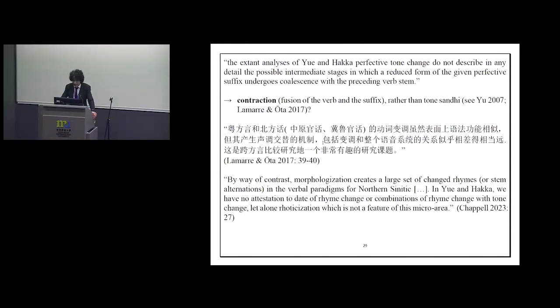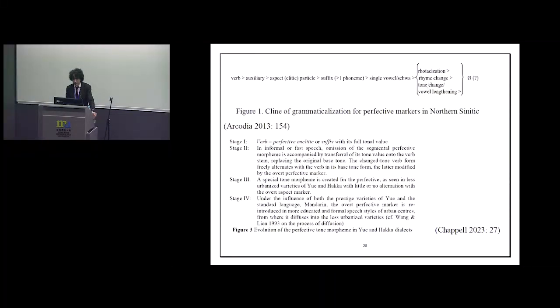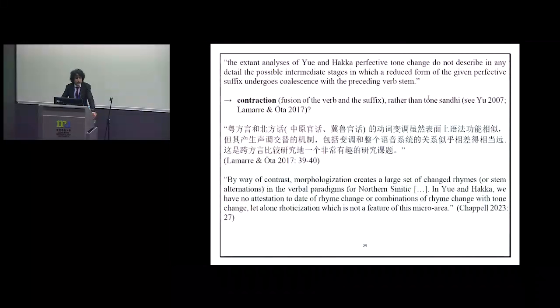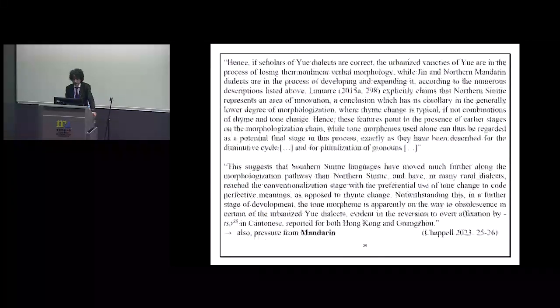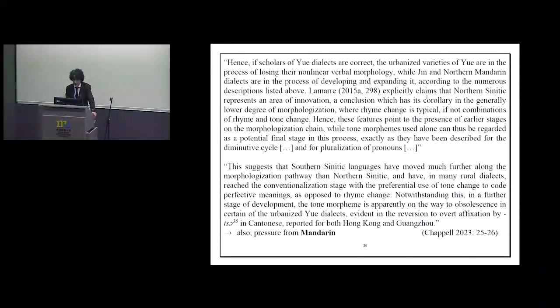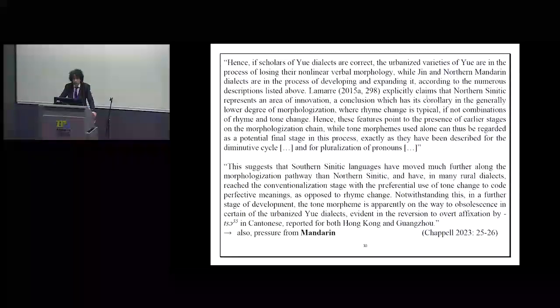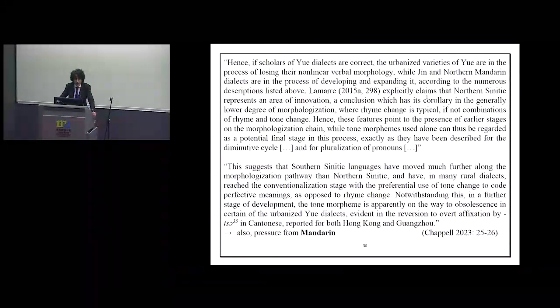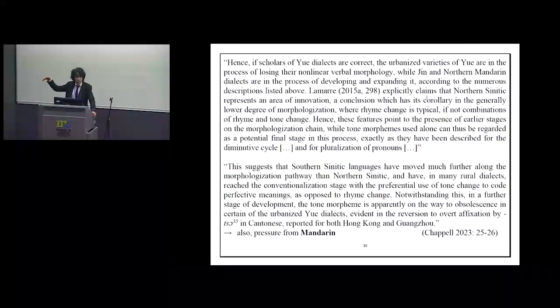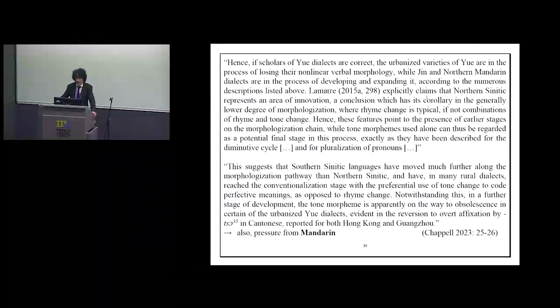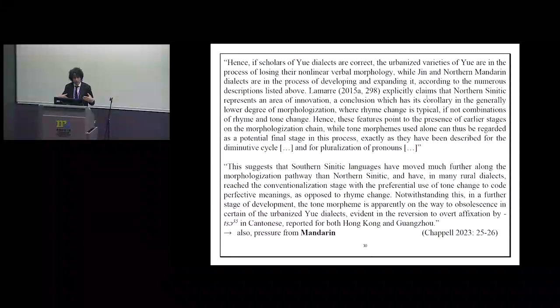And you also see that the effect of this is very different, because in Northern China you get a lot of different outcomes, whereas in Yue most of it is just tone change. So you see that something different is happening. Also, these phenomena in most Yue dialects tend to be on their way towards obsolescence, whereas in Northern Sinitic they're still very vital and very diverse.